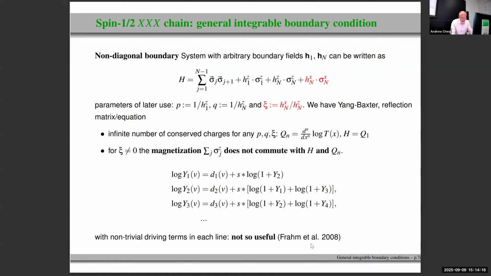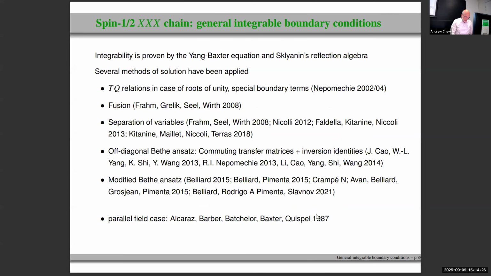That has been investigated by Frahm and collaborators, and they never got happy with this. So we need something else. Before I tell what we use, this problem has been studied by many people: Nepomechie, Frahm, Grelik, Seel, Nicoli, Fadeev, Kitanine, Maillet, Niccoli, Kitanine, Terras, and a famous set of equations, inhomogeneous TQ equations, were derived by Cao, Yang, Shi, and Wang.